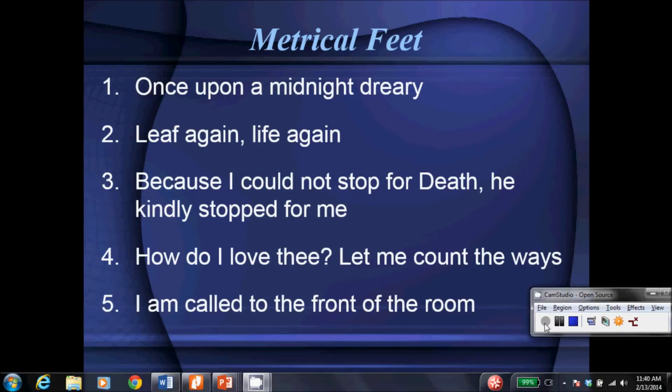Once you've marked each syllable, stressed or unstressed, then you'll determine whether it's a 2-syllable foot or a 3-syllable foot, and therefore whether it's trochaic or dactylic or iambic or anapestic, or even spondaic or pyrrhic, although those are going to be rare.